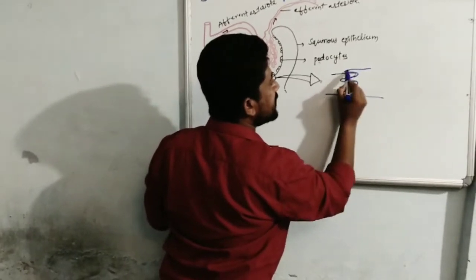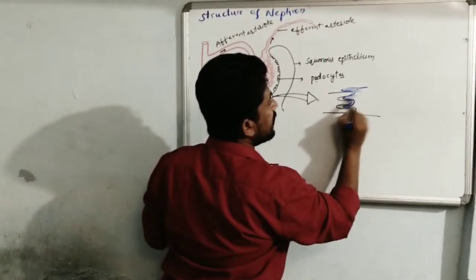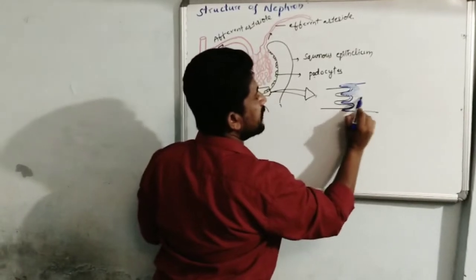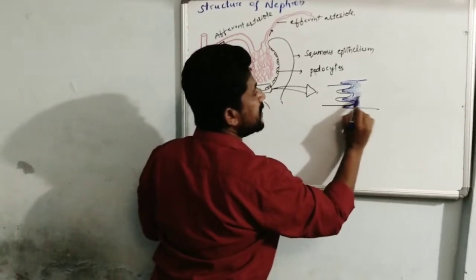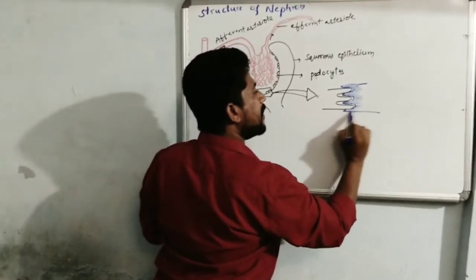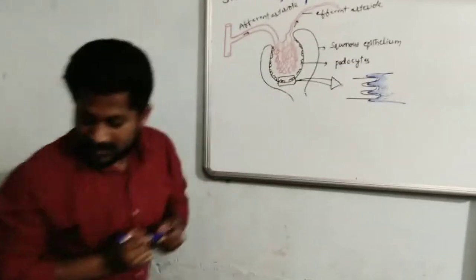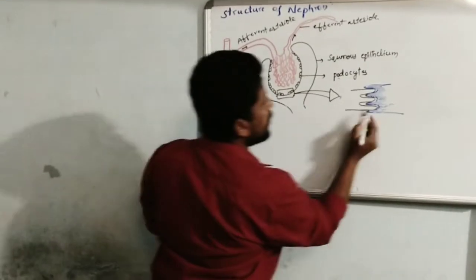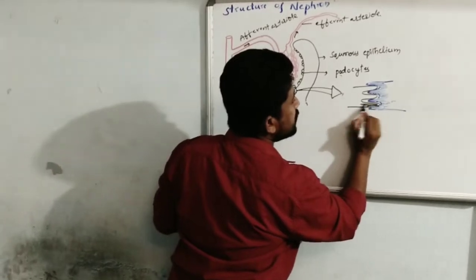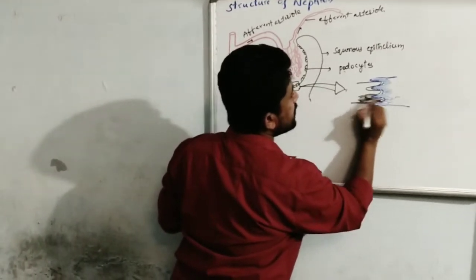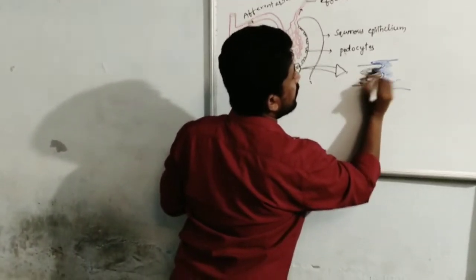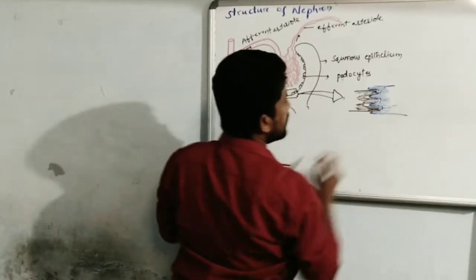This arrangement is known as the intricate manner. Due to this arrangement, we can observe minute pores between the podocytes.